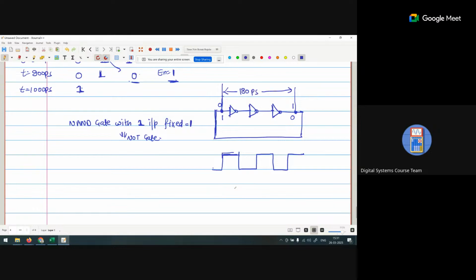Again that duration is 180 picosecond. So one cycle is completed in 360 picosecond. This is the time period. Now what is the frequency? F is nothing but 1 by T. So 1 upon 360 picosecond is around 2 point something.